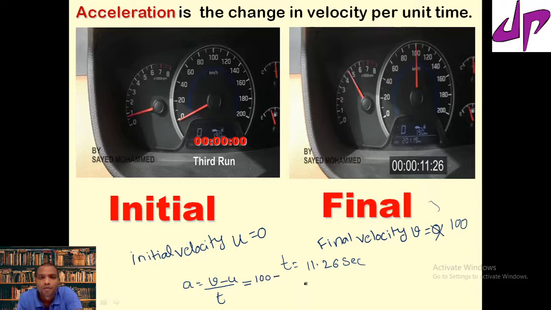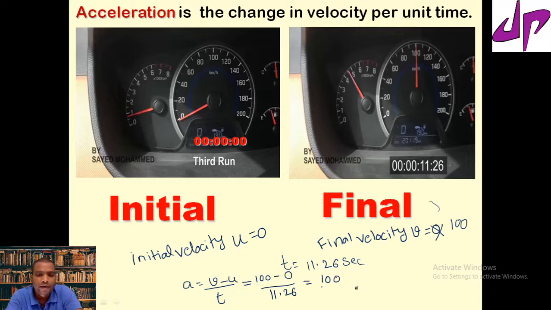Now 100 minus 0 divided by 11.26. With simple calculation this is equal to 100 by 11.26.